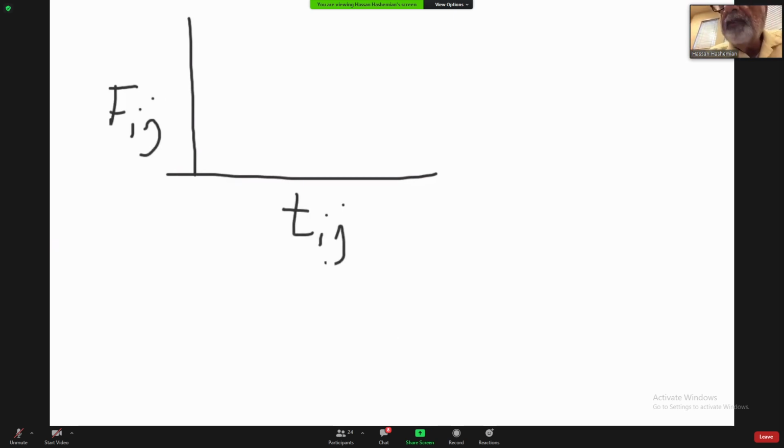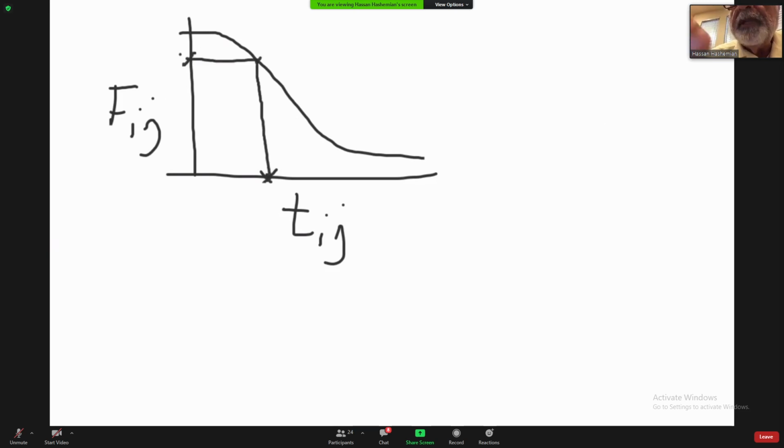They give you the travel time between the zones, and they give you a graph like this. So what you do is take that Tij that they give you in the problem, and find what the Fij is from the graph. So you read that, and then you use those. Sometimes in the problem, they give you the graph where you put your travel time, and then you find the Fij. Any other question?